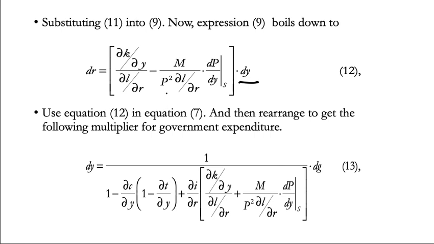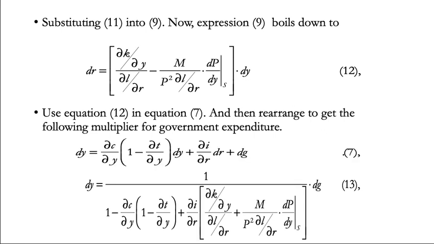Now I bring back equation 7 in this slide so as to facilitate us in deriving the fiscal or government spending multiplier. What we need to do now is to use equation 12 that we obtained just now in equation 7.